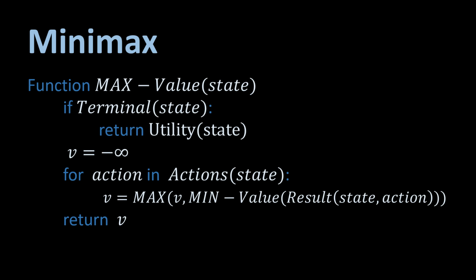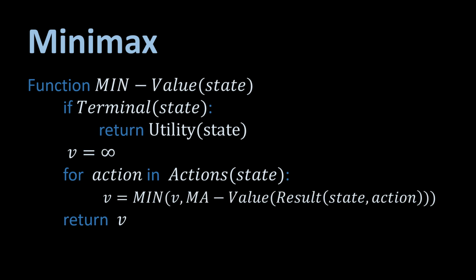I will now play my action, and the same thing applies, just in reverse. Minimizing value, trying to search for the lowest. Now it's positive infinity, meaning everything is lower, so everything is better. This max here is just maximum.